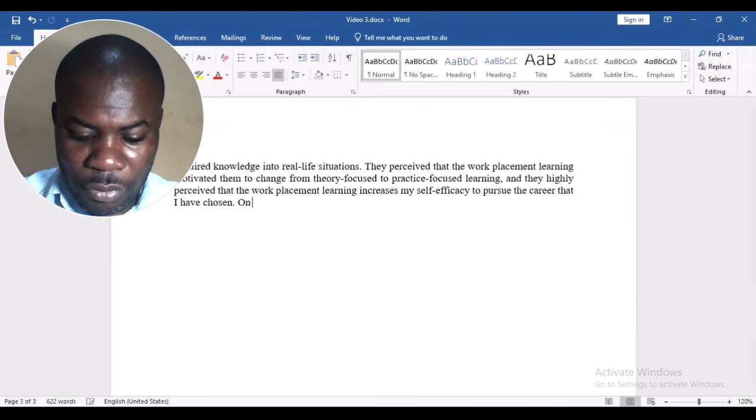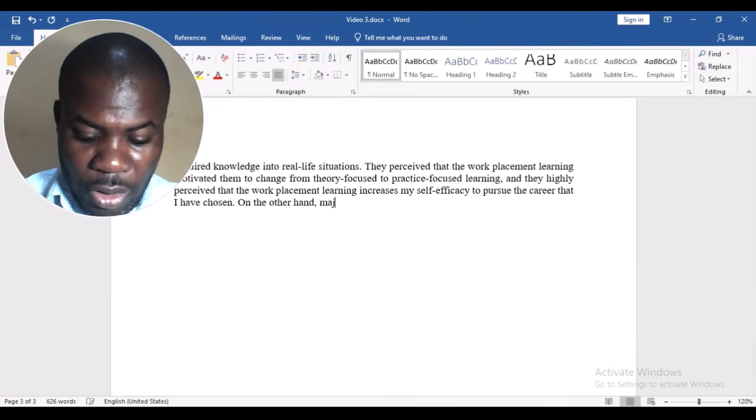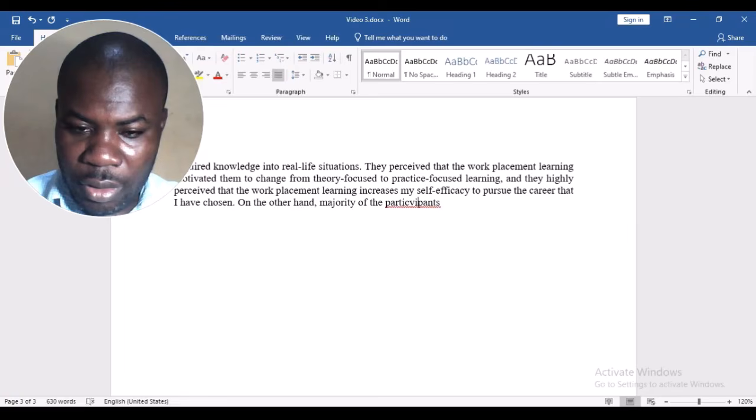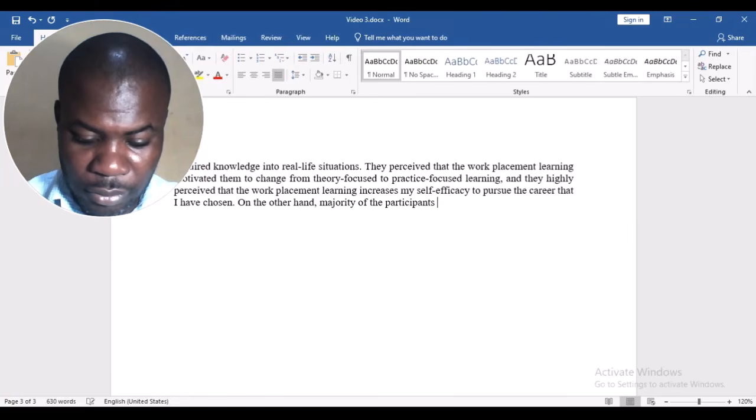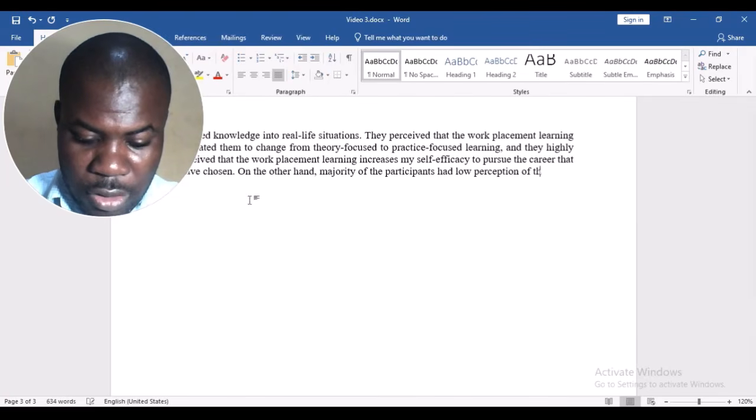I can say, on the other hand, the majority of the participants had low perception of the impact of work placement learning on their learning.